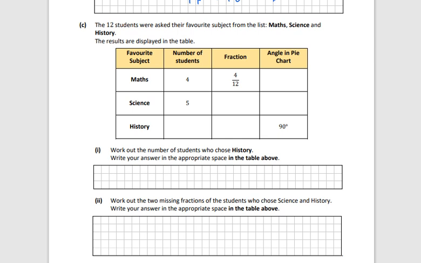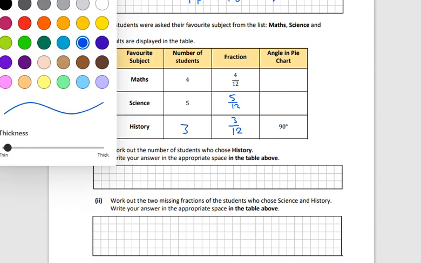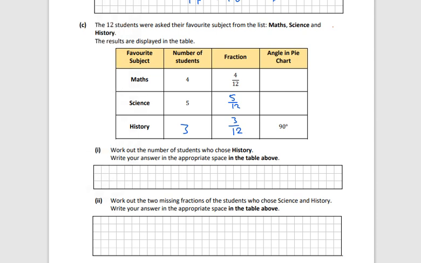Here, it's easiest to fill in history first. There's 12 altogether. 4 did maths, 5 did science, then there's 3 left, so 3. This has to be 5 out of 12, and then this has to be 3 out of 12. The way you get to the angle in the pie chart is to multiply by 360. So you're multiplying that by 360, multiplying that by 360.